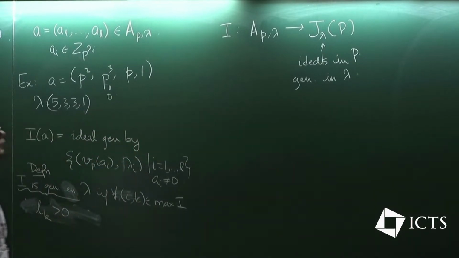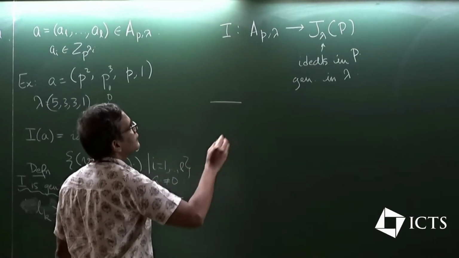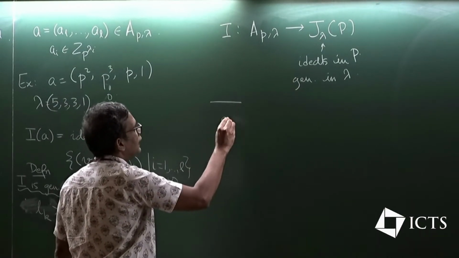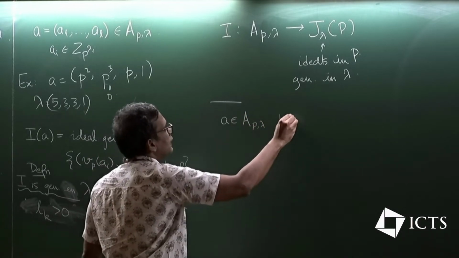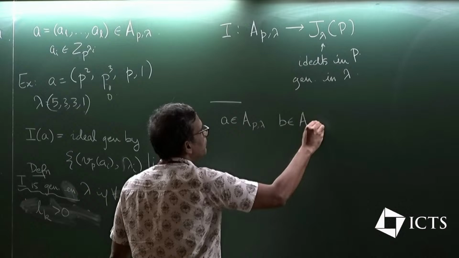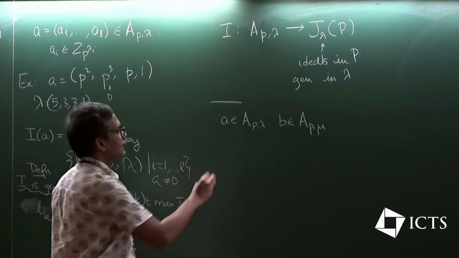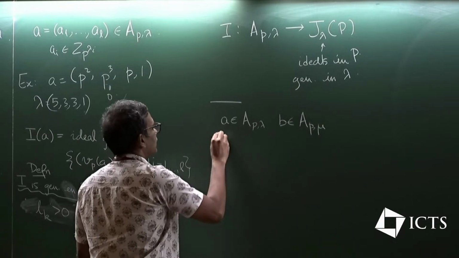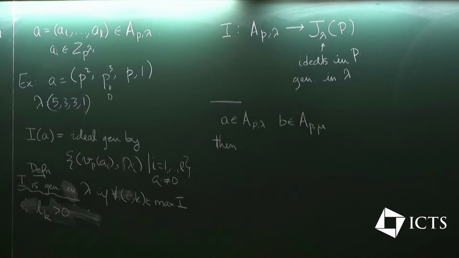And it's not difficult to show that suppose I have A in A_p(lambda), B in A_p(mu), so these are now two different partitions, then so what we'll do is we'll generalize this result here.